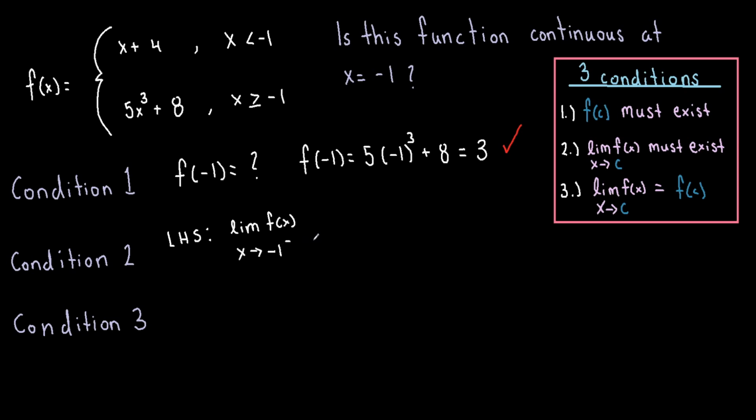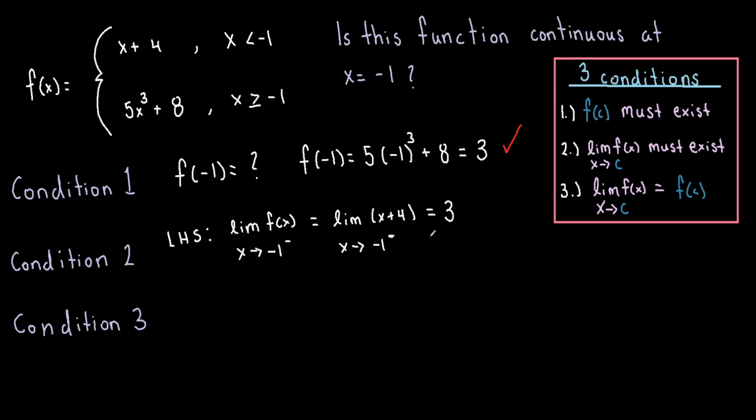And the function we're going to use is this function over here, because this function exists for all x values less than -1. So we have the limit of x plus 4 as x approaches -1 from the left-hand side. And this is going to equal 3.